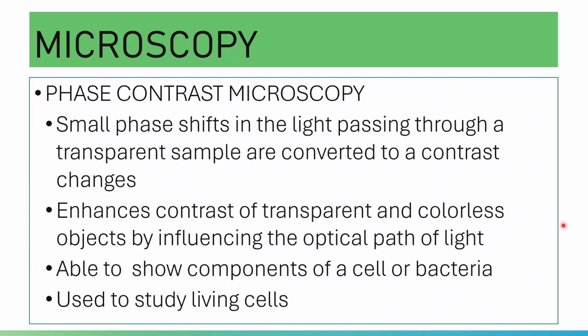It can be utilized to visualize living unstained cells and transparent specimens or samples with low refractile index. It can show components of a cell or bacteria. That is for your phase contrast microscopy.